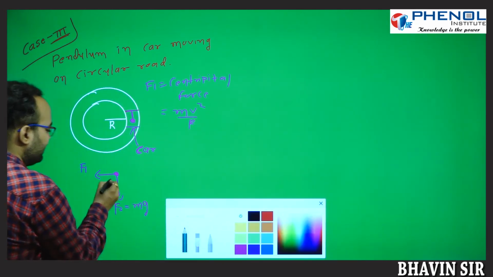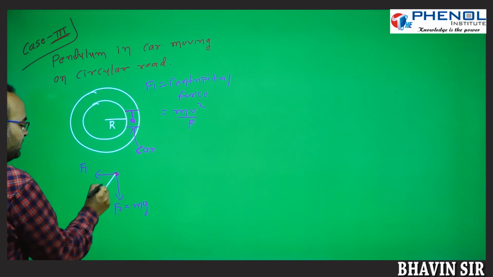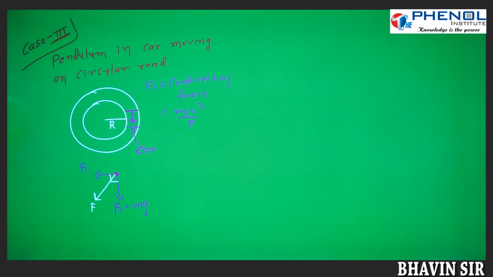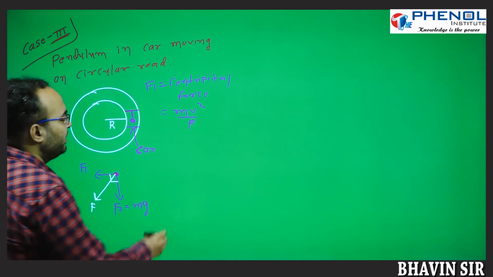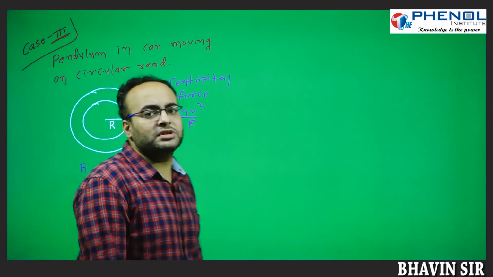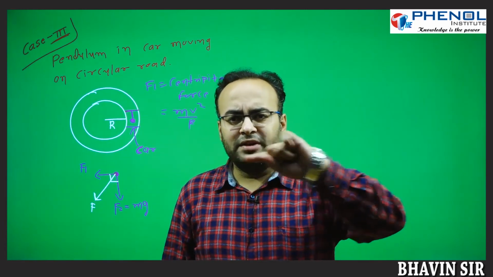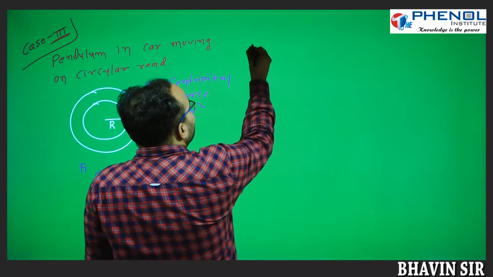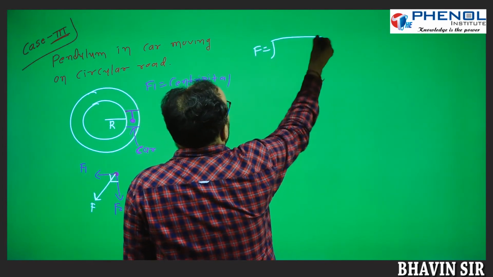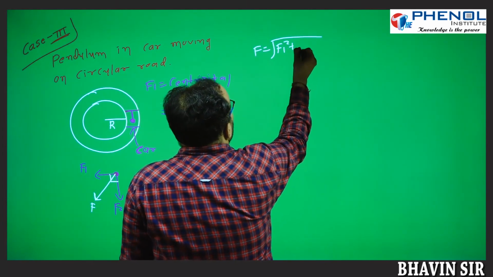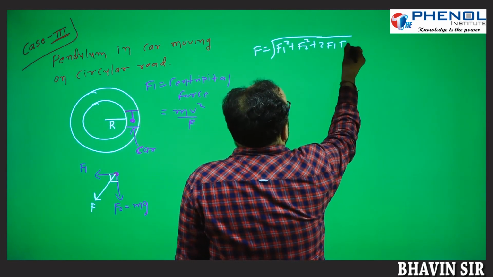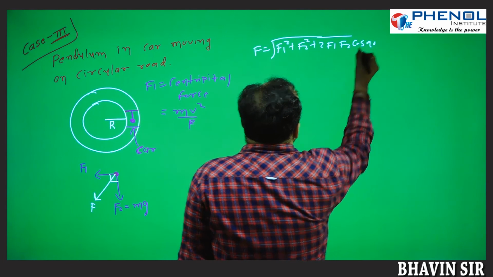So this is the resultant force, and this is the angle between the two forces. So again the two forces, centripetal force mv square by r towards the center and downward mg. What is the resultant force? Again the same, F1 square plus F2 square plus 2F1F2 cos 90.